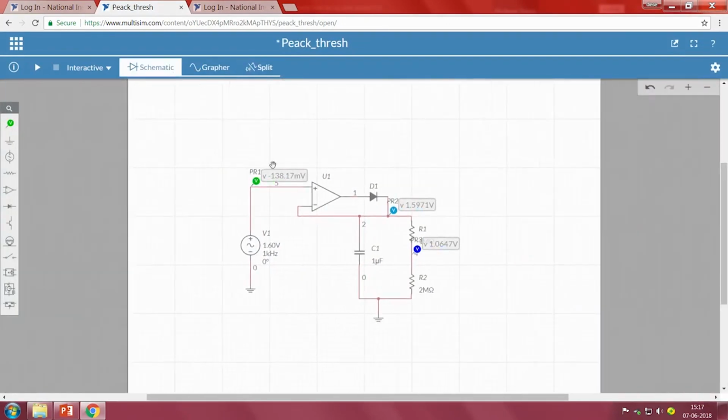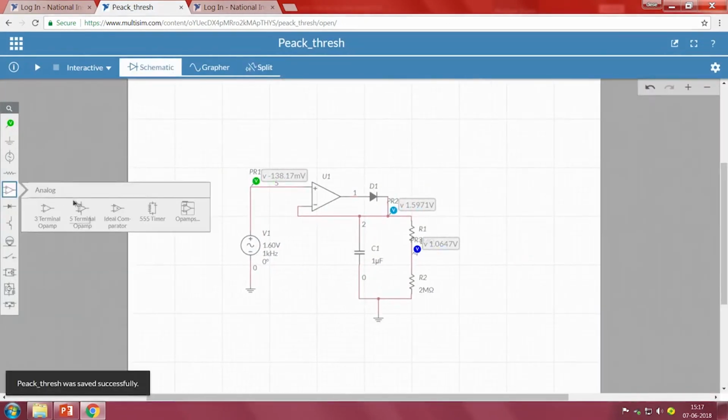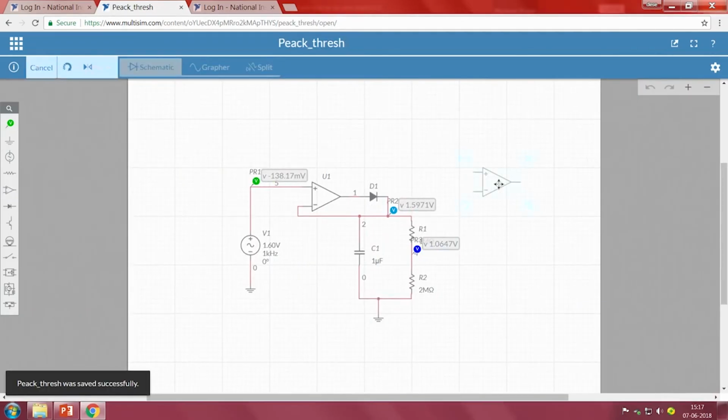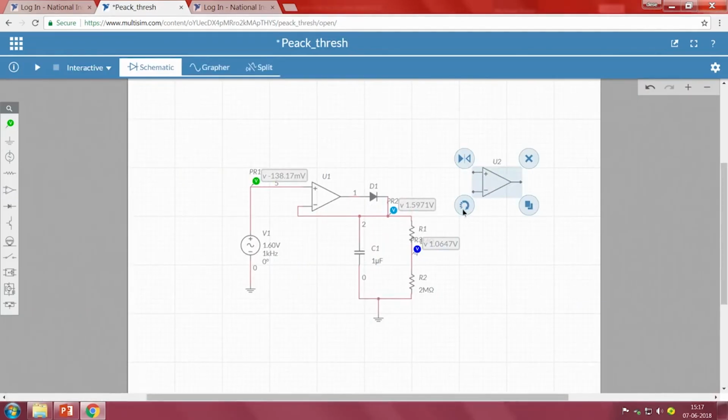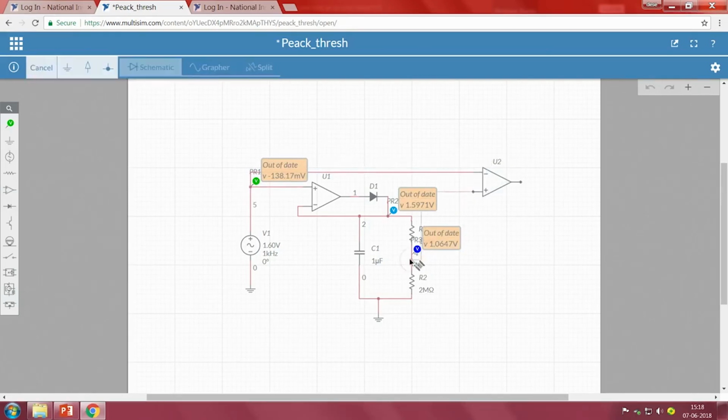So, I will go with the schematic and take one more op amp. Let me flip it. Looking at our circuit, to the positive terminal we are connecting the threshold value, and to the negative terminal we are connecting the input signal.